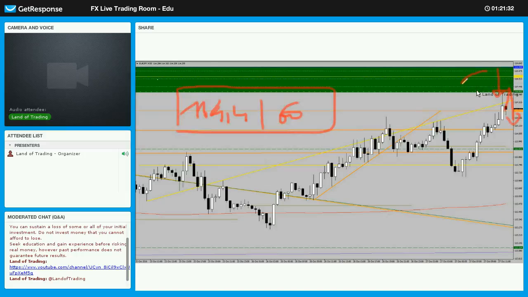So if I'm gonna see something around this green zone based on the daily chart, and intraday price action telling me that it's time to try the short side, then I'm gonna try this short side, all right?